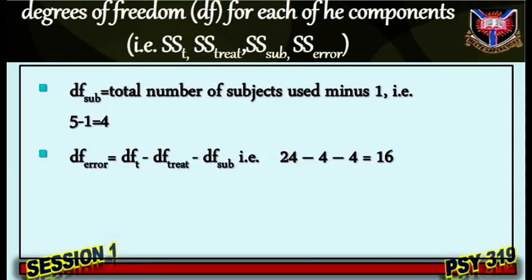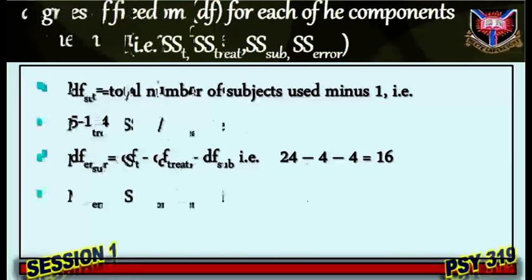DF subject is equal to the total number of subjects used minus 1, that is 5 minus 1, equal to 4. DF error is equal to DFT minus DF treat minus DF subject, that is 24 minus 4 minus 4, equal to 16.